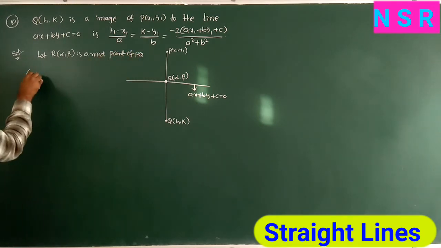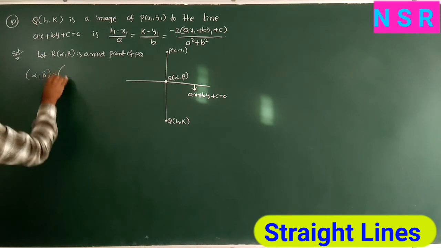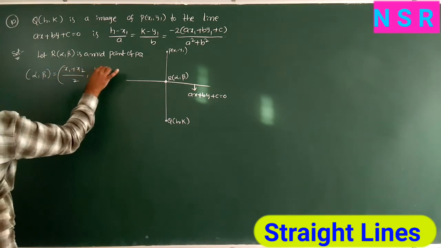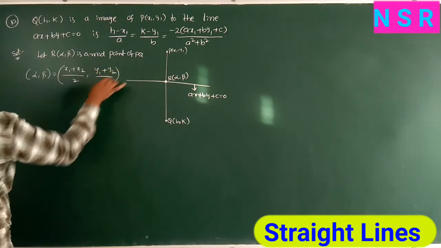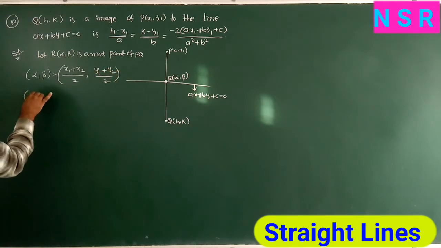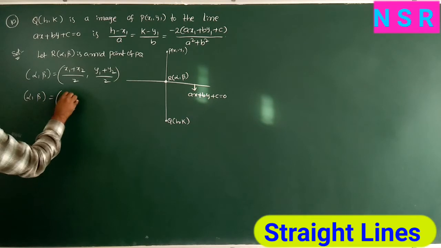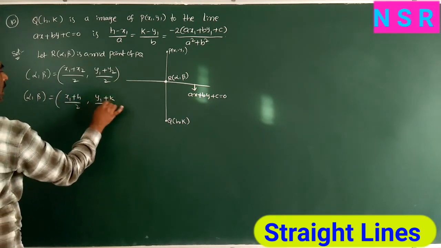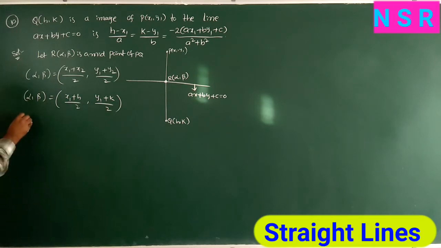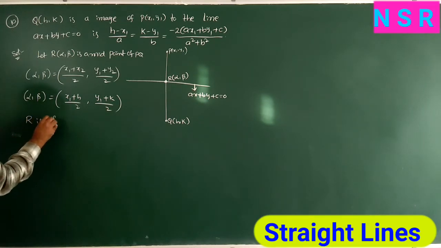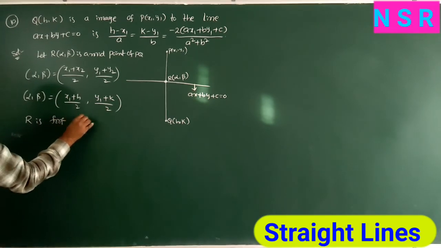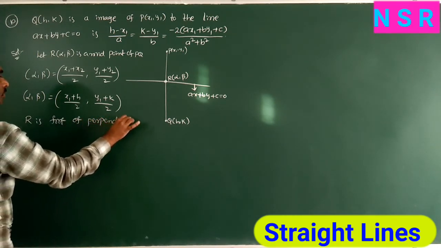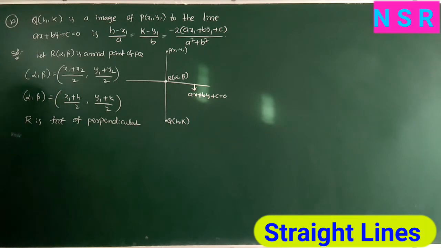Now apply the midpoint formula: alpha comma beta is equal to x1 plus x2 by 2 comma y1 plus y2 by 2. Now alpha comma beta is equal to x1 plus h by 2, y1 plus k by 2. If R is the foot of perpendicular, then by using the foot of perpendicular formula we find the image formula.